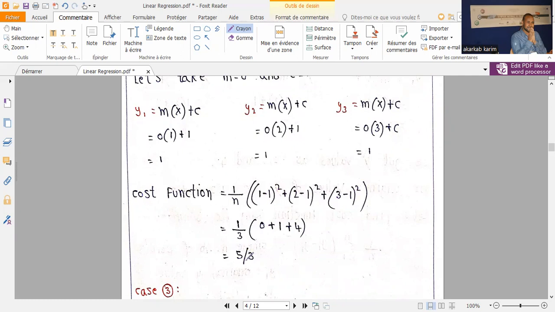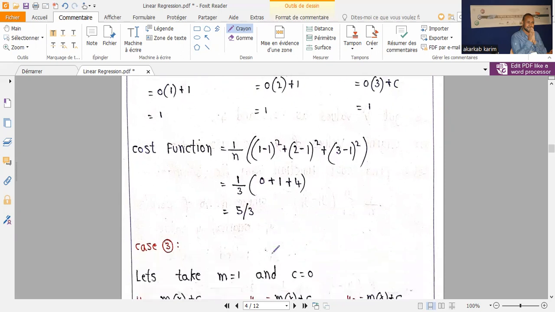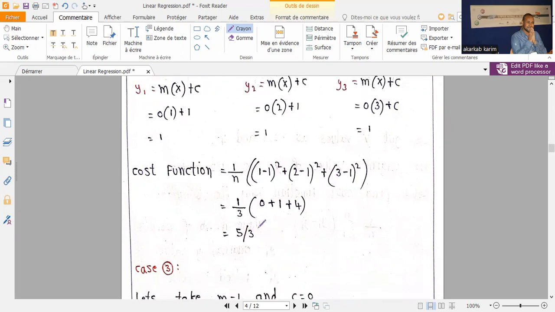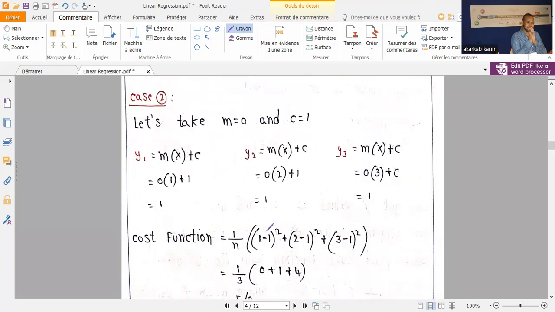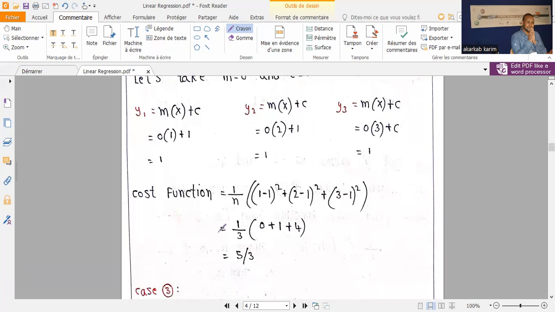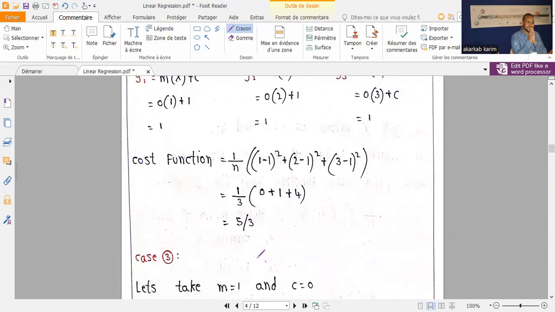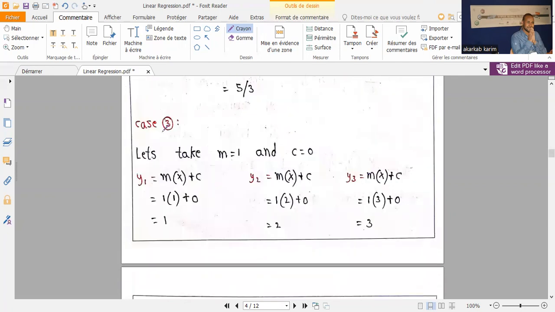And the final result is 5 divided by 3. This is the cost function. Here, after we change m and give it 0 as a value, we found in the cost function 5 divided by 3. So let's pass to the third case.